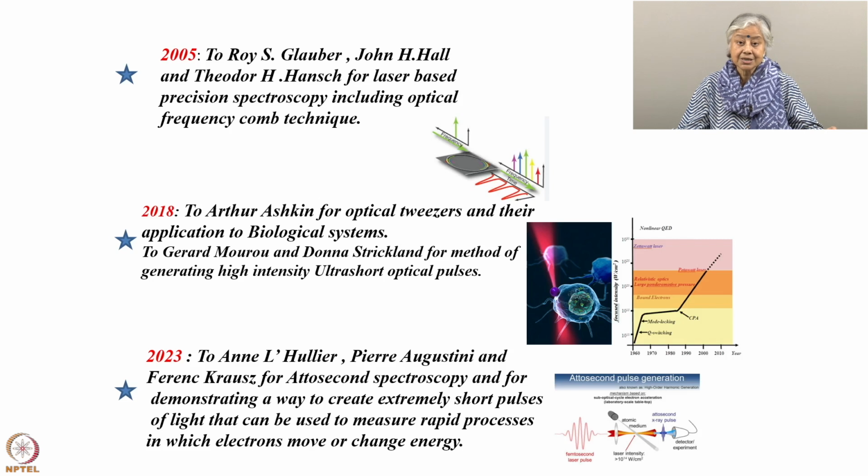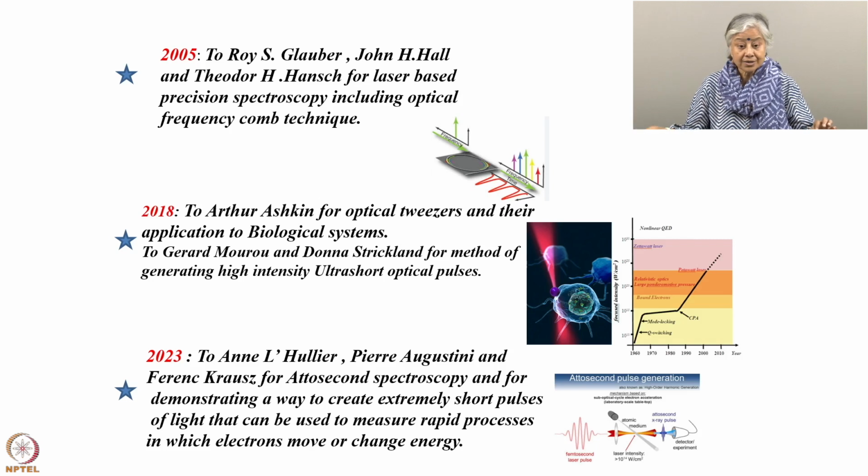Arthur Ashkin was using the property that light produces pressure, and this pressure is proportional to the intensity. Laser light has very high intensity. That's why it can produce pressure that can be felt by these tiny objects.